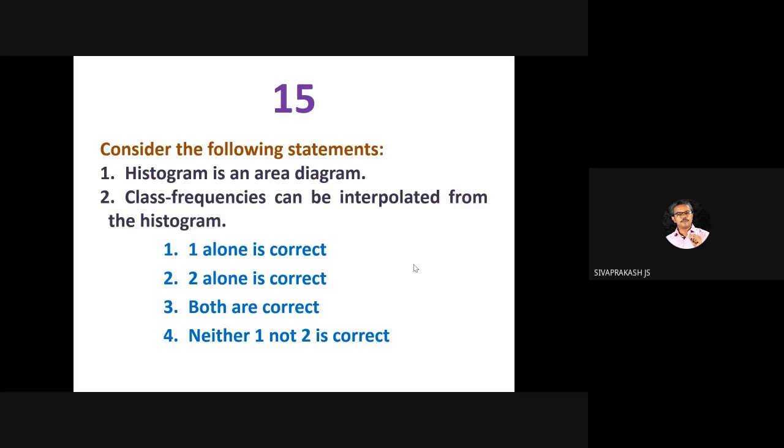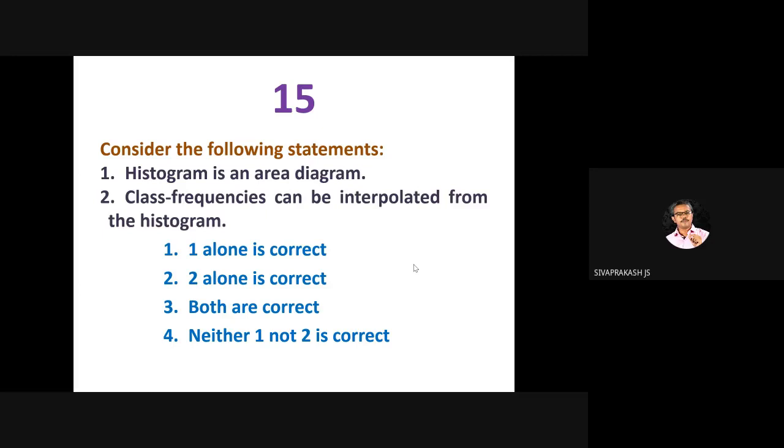You can take it out and write. So options are: 1 alone is correct, 2 alone is correct, both are correct, neither 1 nor 2 is correct. Both are wrong.